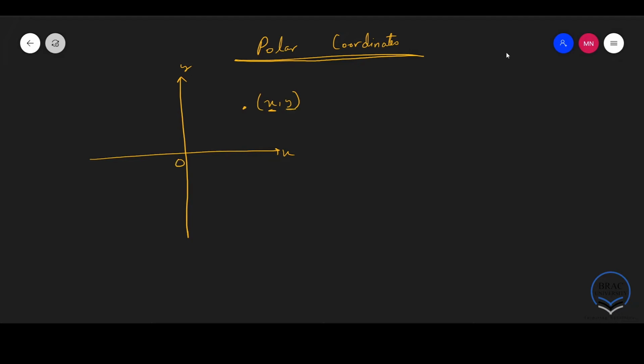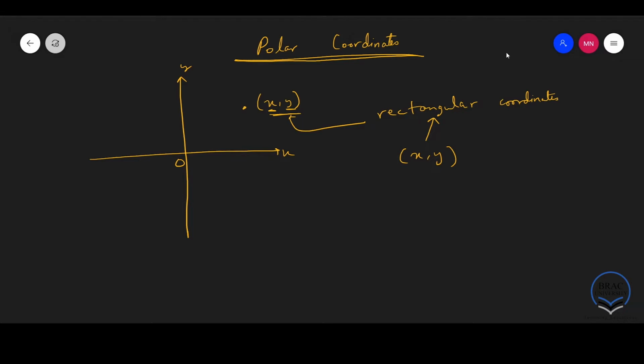The y coordinate describes the vertical distance with respect to the origin. Any point that can be described by such an ordered pair is known as rectangular coordinates, right?